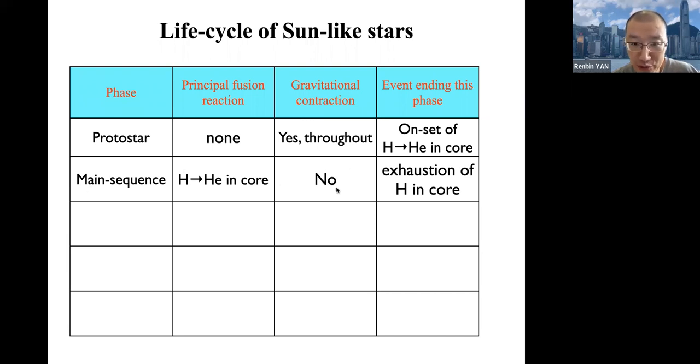There's no gravitational contraction in a main sequence star. The event that ends this phase is the exhaustion of hydrogen in the core. When the helium fraction in the core gets to 100%, you can no longer turn hydrogen into helium, so this marks the end of that phase. So what happens when the hydrogen in the core is all used up?